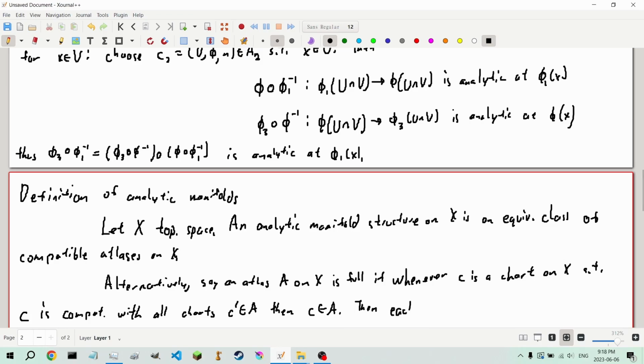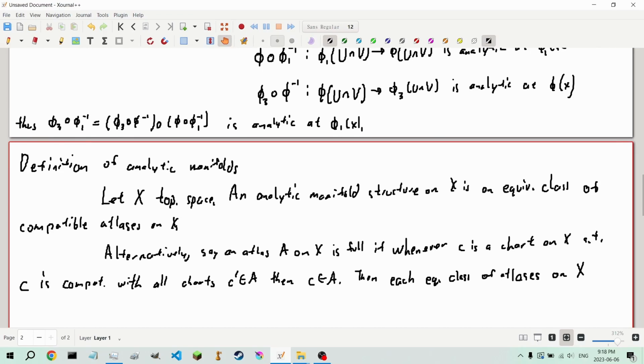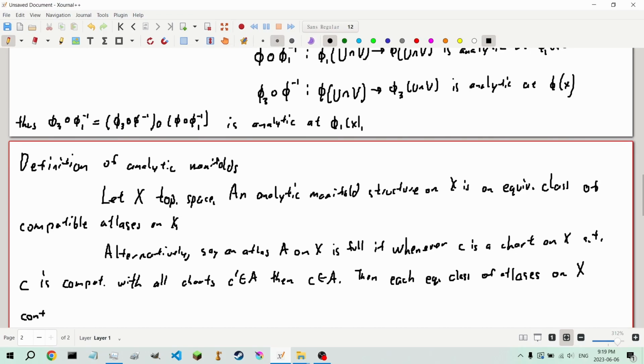Then, because of that, each equivalence class of atlases on X contains exactly one full atlas.